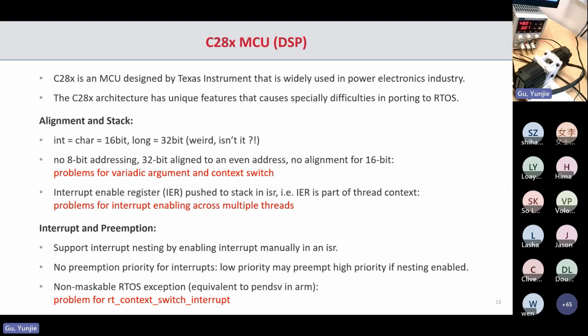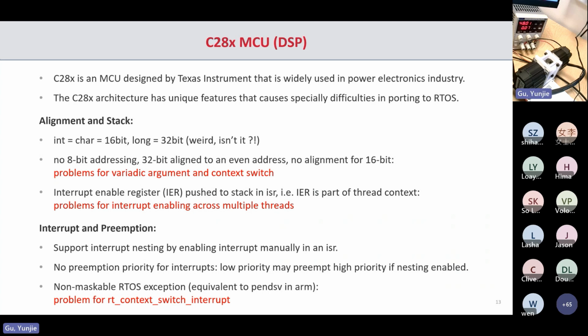And the third issue is the exception. We need some kind of OS exception to trigger the context switch. The TI C28 device does have such an exception, but this exception is not maskable.